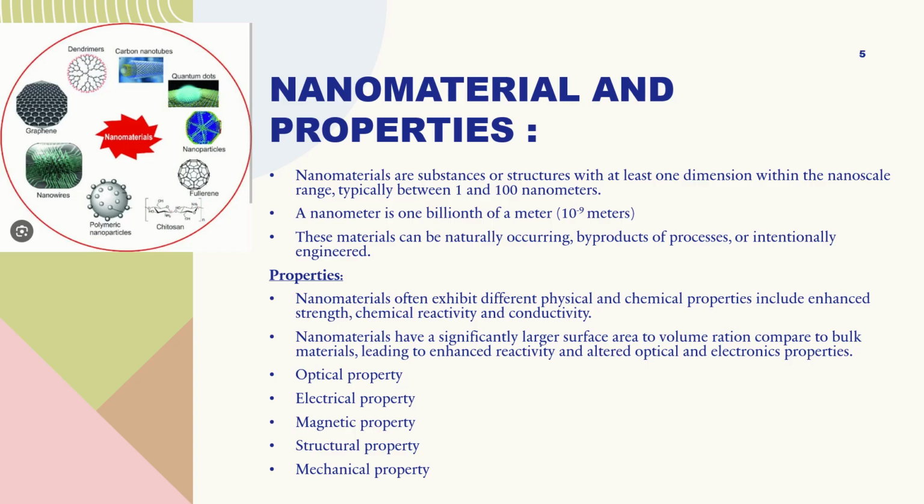So let us see the first property, how the optical property changes when the bulk material is reduced to nanomaterials. First, optical property: when light is incident on the material, it can be absorbed or scattered.